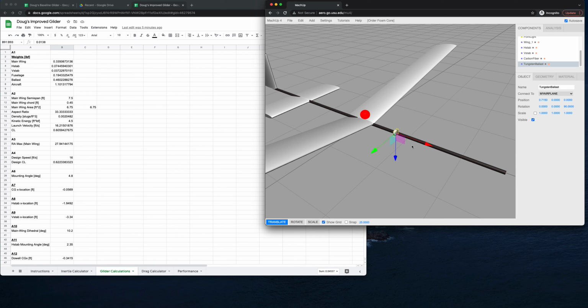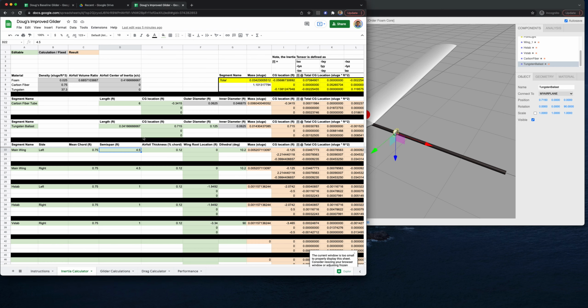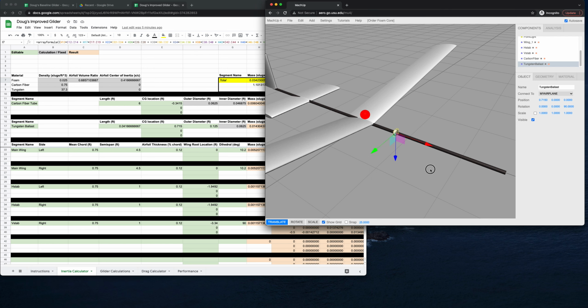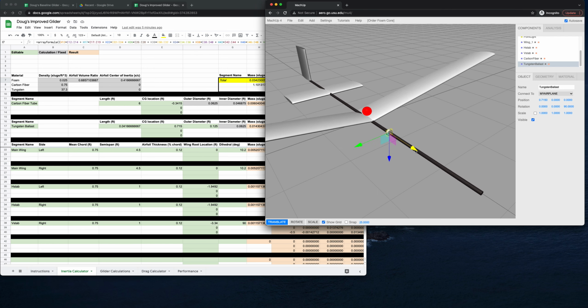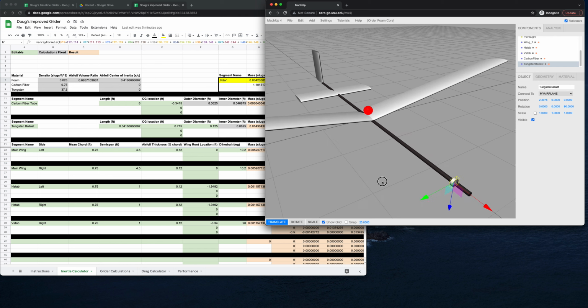An easy way to reduce the weight of this ballast is just to move it forward. So I'm trying to get my center of gravity. Let's come back over here to my center of gravity. I want the CG to be at minus 0.0569, and I'm going to see how far forward I can go if I leave this whole carbon fiber rod on here and just shift this forward.